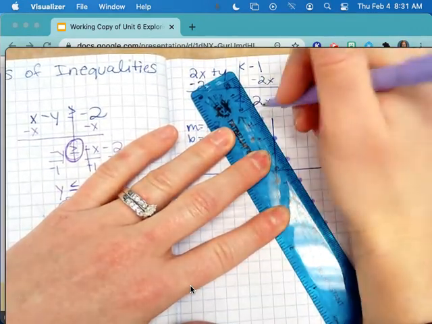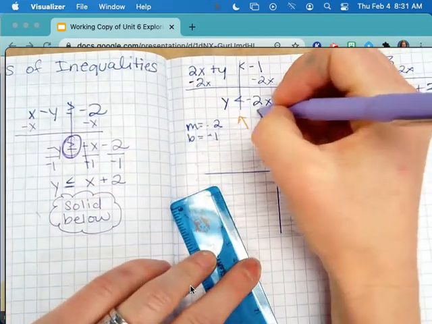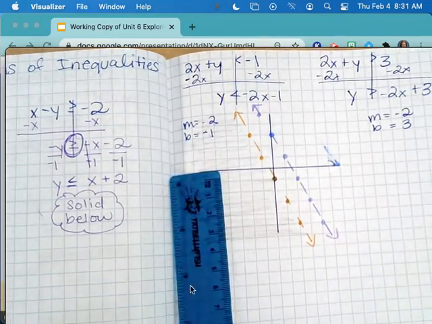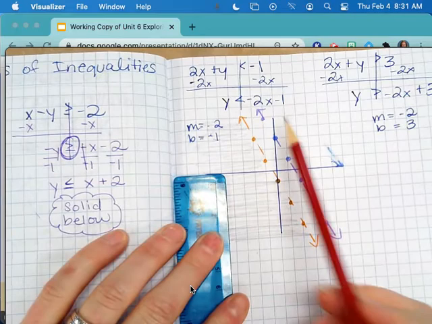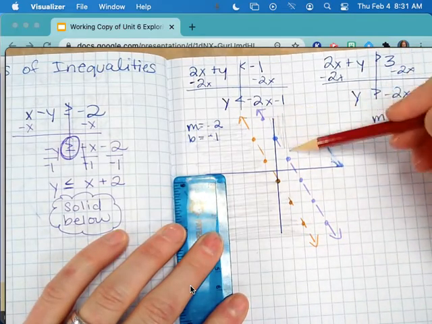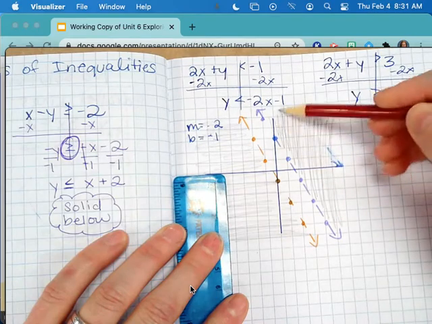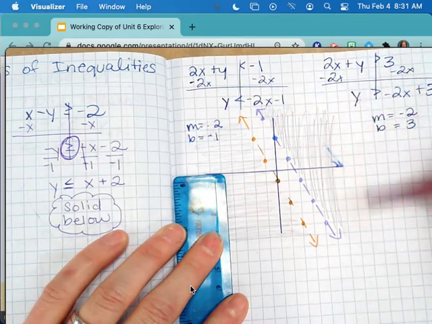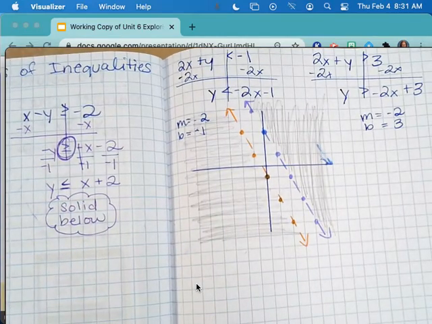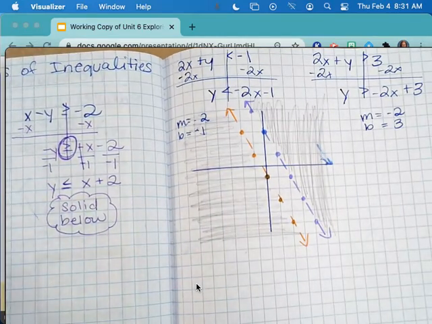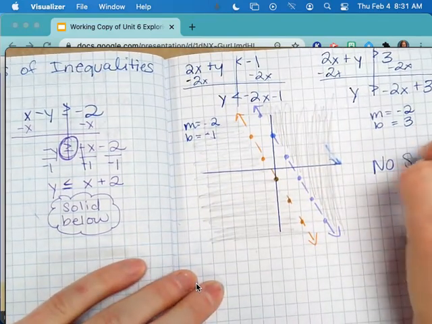So this one's also dashed. And it doesn't have to be that they're both the same because they could be different. It just happened on this one. Shading above because it's greater than. So then this one, there is no overlapping area, so this is a no solution.